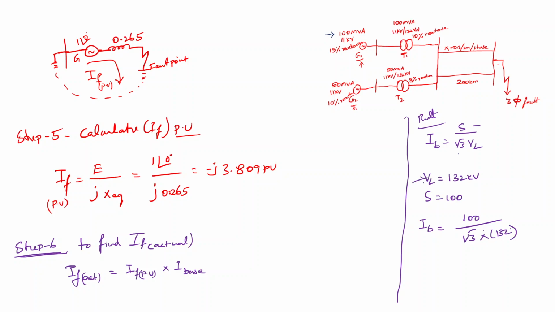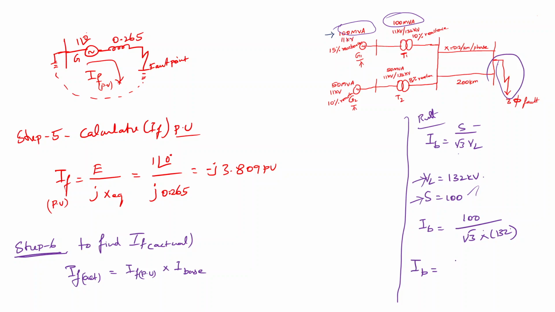This one is understandable, right? VL I am considering at the high voltage side because the fault occurred at the high voltage side. So VL I will take 132 kV, and S is nothing but power. Commonly I am taking 100 everywhere, so the problem base I am considering is 100, and I will take the same 100 here. After calculating, what is the IB value?